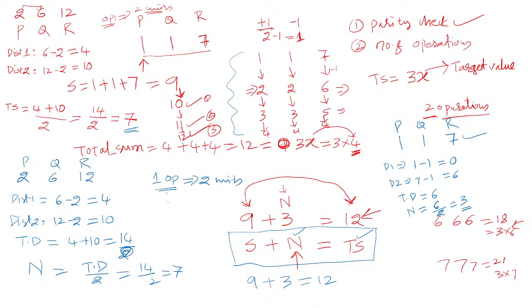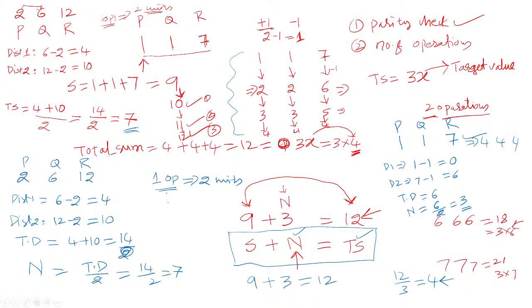This 12 should be a multiple of 3, so 12 by 3, that means at 4 all of them become equal. So 1 1 7 finally becomes 444.